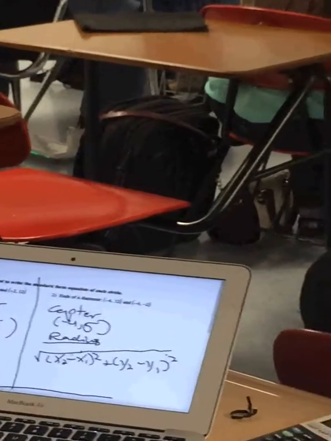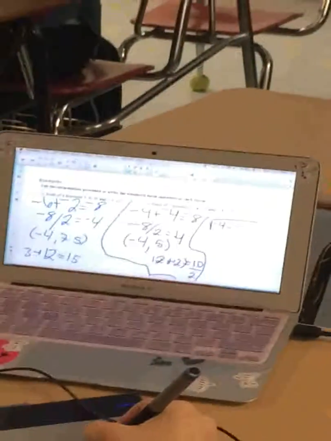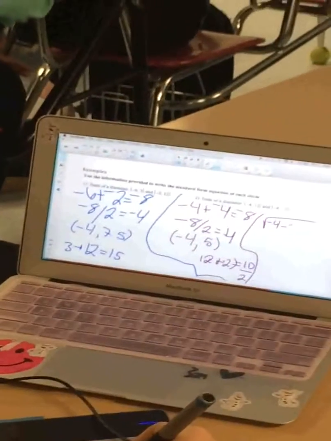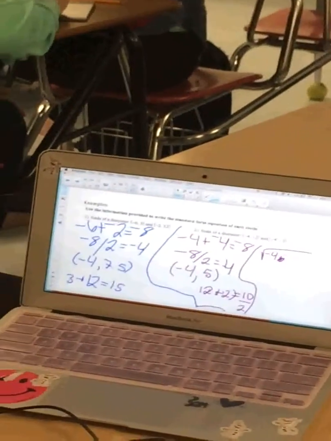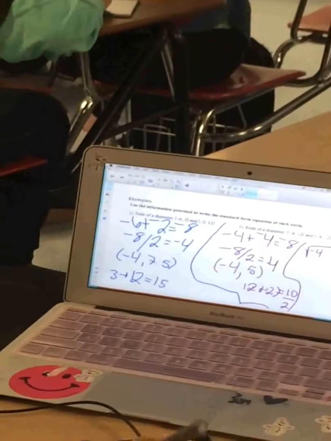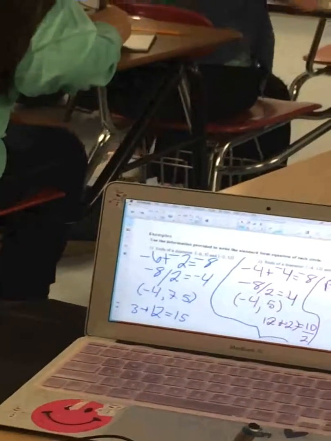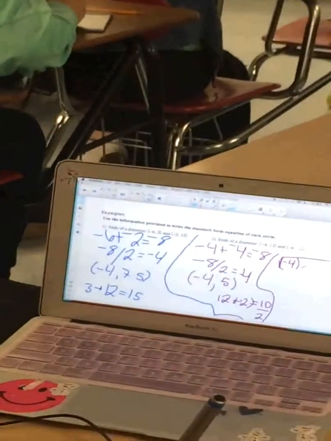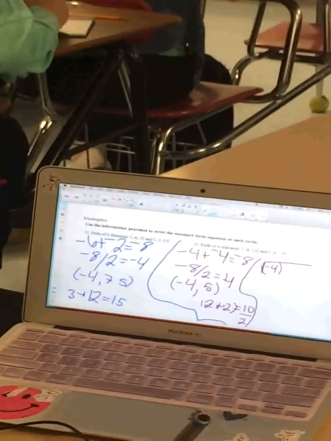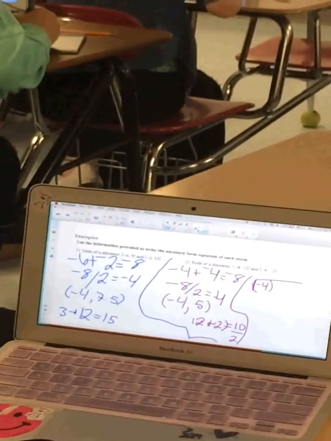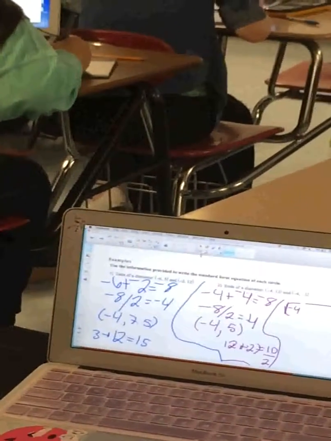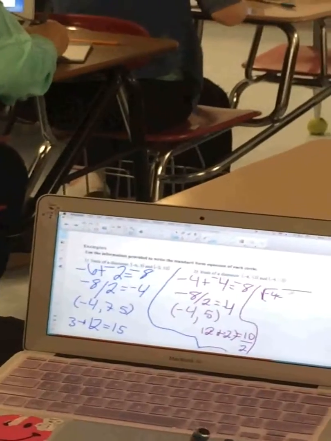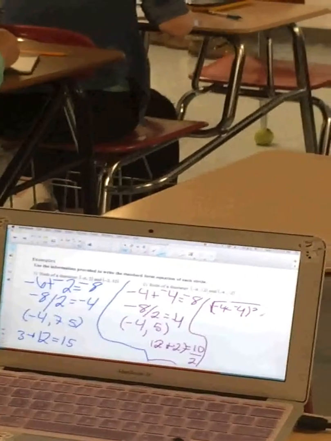So the diameter is going to be equal to the square root of the difference of the x's squared plus the difference of the y's squared. So we have -4 minus a -4 squared plus 12 minus a -2 squared.